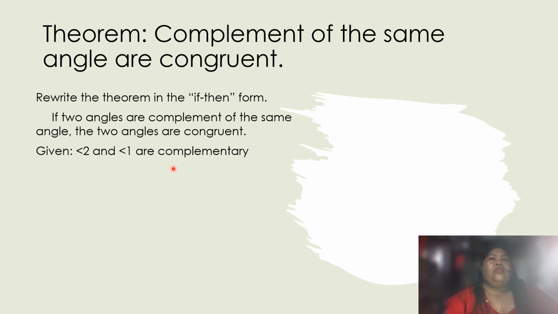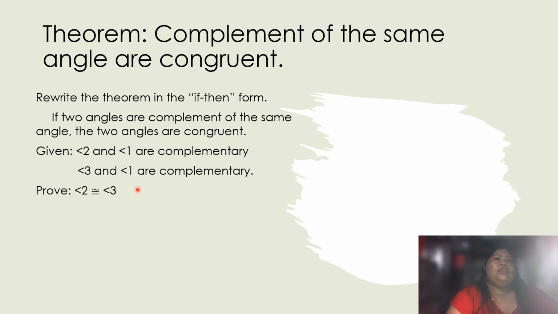So two complementary angles, their total sum is equal to 90 degrees. That's why they complement. And angle 3 and angle 1 are complementary. So both angle 2 and angle 1 are complementary, and angle 3 and angle 1 are also complementary. So let us prove that angle 2 is congruent to angle 3.